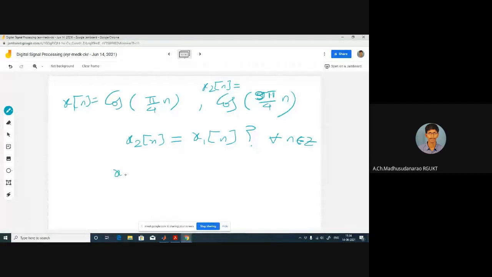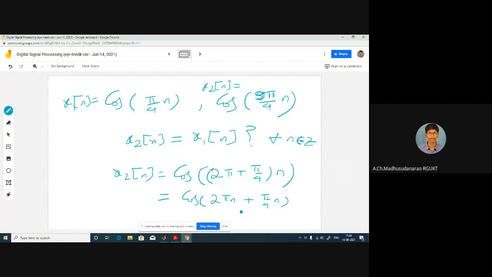See, I can write it like this: 2 pi plus pi by 4, into n. That is cos of 2 pi n plus pi by 4 n. I can write like this, right? That's the same as x1 of n.